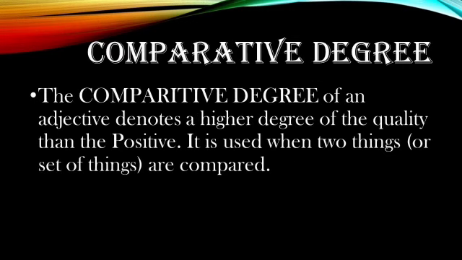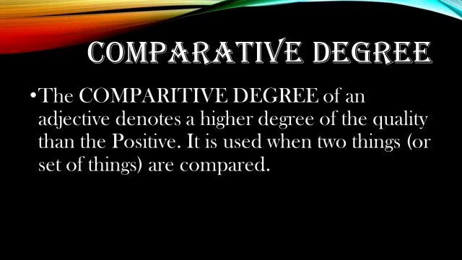Now we have our next degree of comparison, that is comparative degree. Your book says the comparative degree of an adjective denotes a higher degree of the quality than the positive. It is used when two things or sets of things are compared.